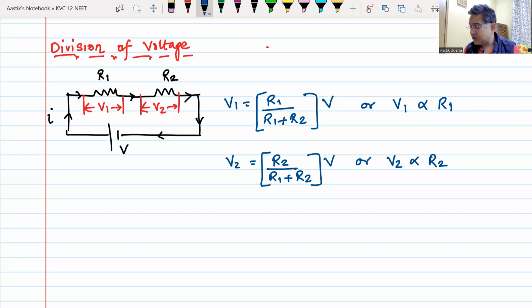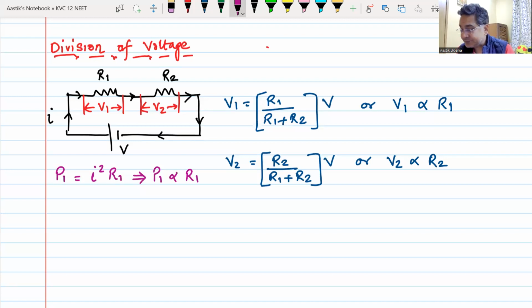One more thing you note down here, we have found out power here. Now power P1 will be I square into R1. So you can easily see that this power P1 across the resistor R1 is directly proportional to R1 because current is going to be same.